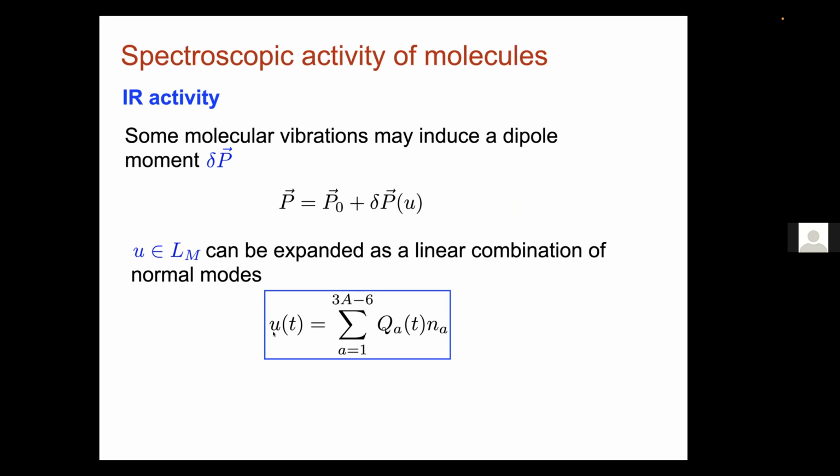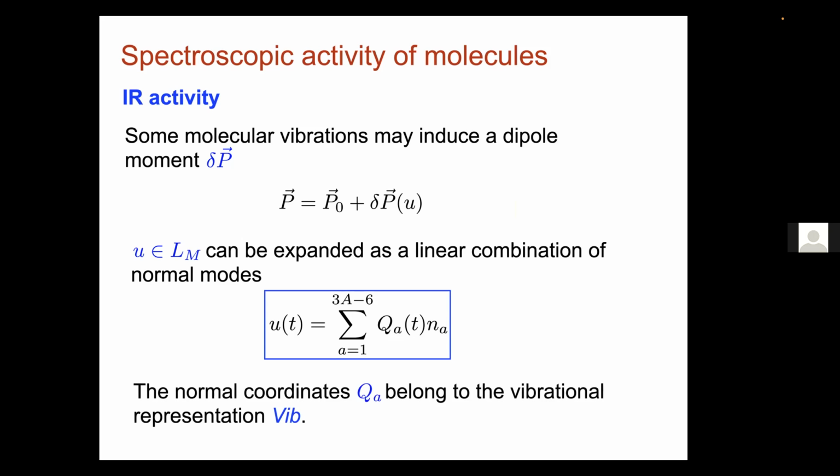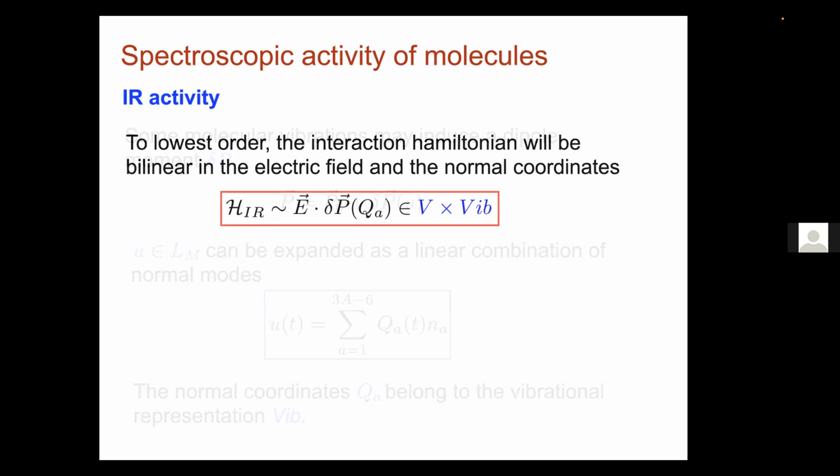So U is linear in the normal coordinates, okay? On the other hand, you know that the normal coordinates belong to the vibrational representation, okay? Because that's the definition of vibrational representation. It tells you how proper vibration of the molecule transforms.